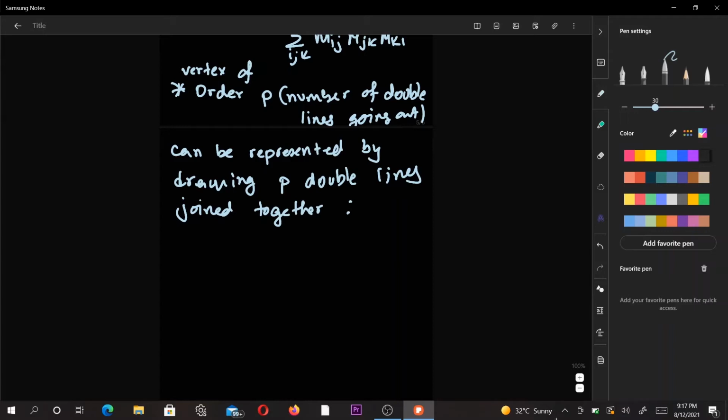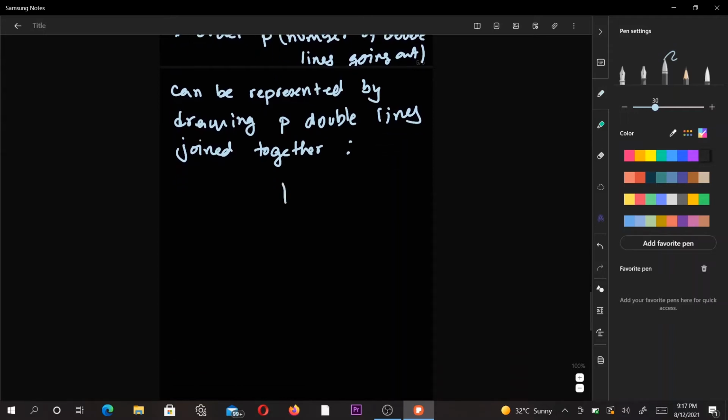Let me draw the figure first. So if we give it indices, let's say this is my i, j, k. It's going out, so this should go in and this should go out like this.